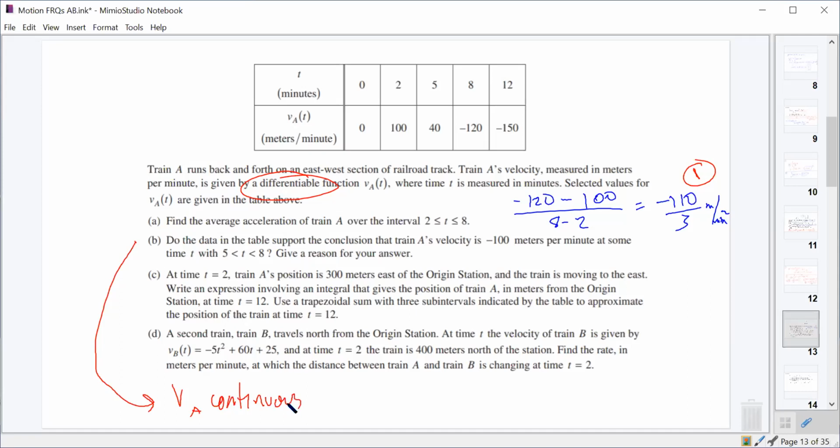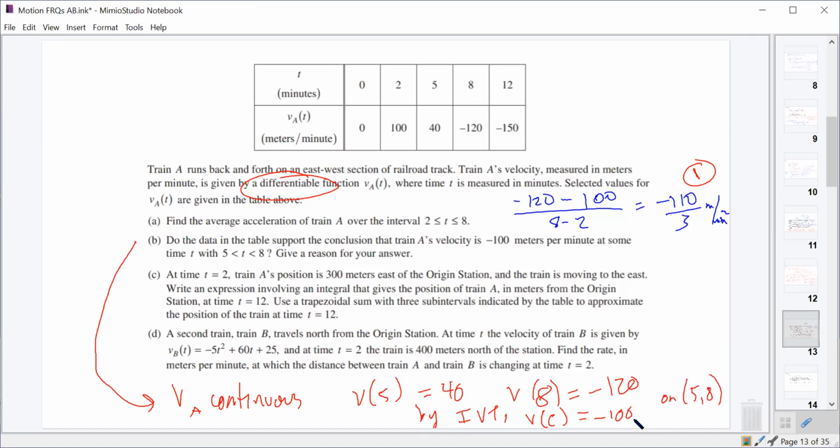And because it's continuous, and between 5 and 8, we go from 40 to negative 120, the intermediate value theorem says V of C must equal negative 100 on the interval from 5 to 8, because negative 100 is on the interval between 40 and negative 120.